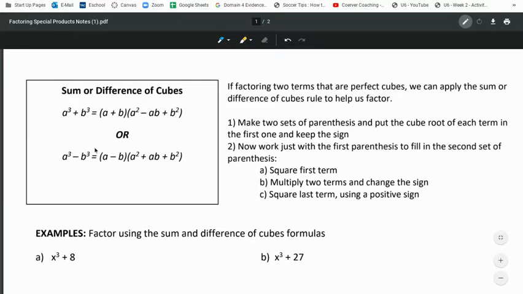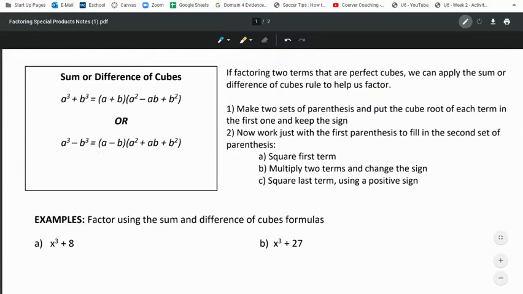I have to ask myself if these are the sum or difference of cubes. So now what I'm looking for are perfect cubes. A cube means that it's multiplied times itself three times.